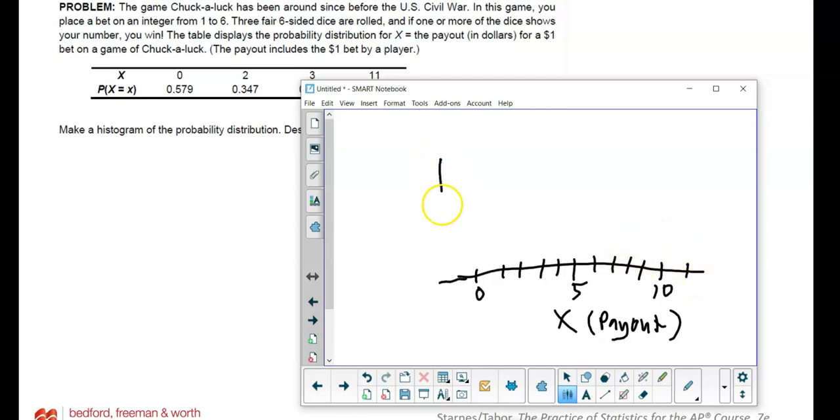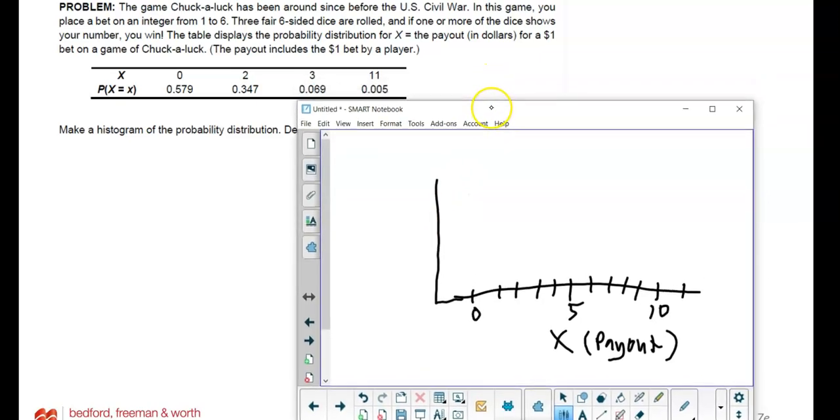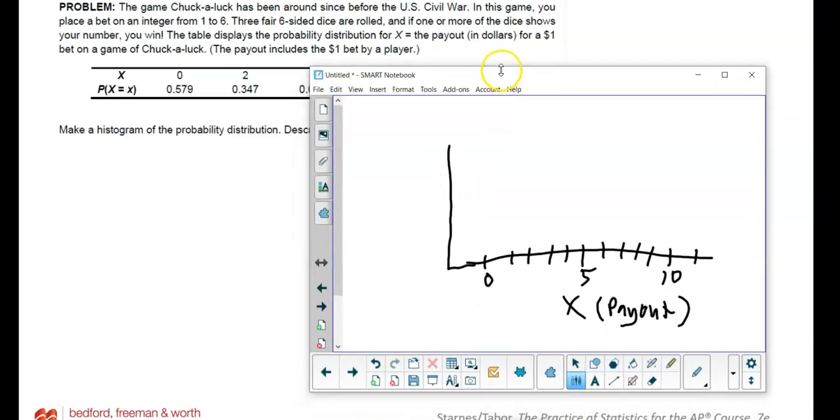Again, on this side, the biggest one we have is 57.9, so 1, 2, 3, 4, 5, 6. So maybe that's 0.6, and these are probabilities. And then you're going to scale it out.